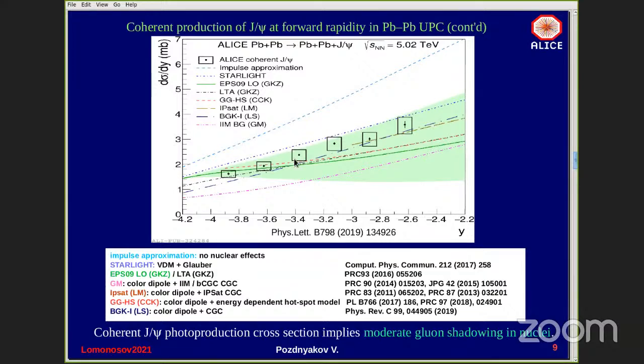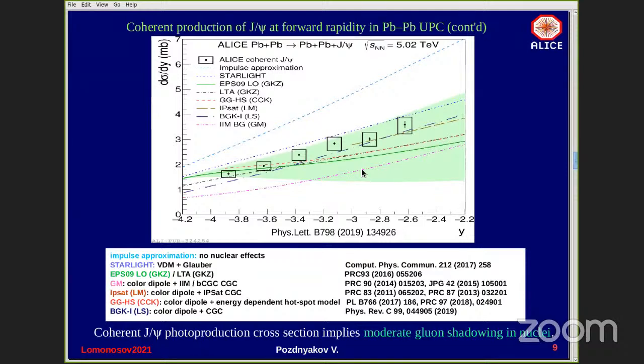So the other calculations are quite close to each other and to the data. So we cannot conclude what is the level of gluon shadowing, but definitely we know two things.